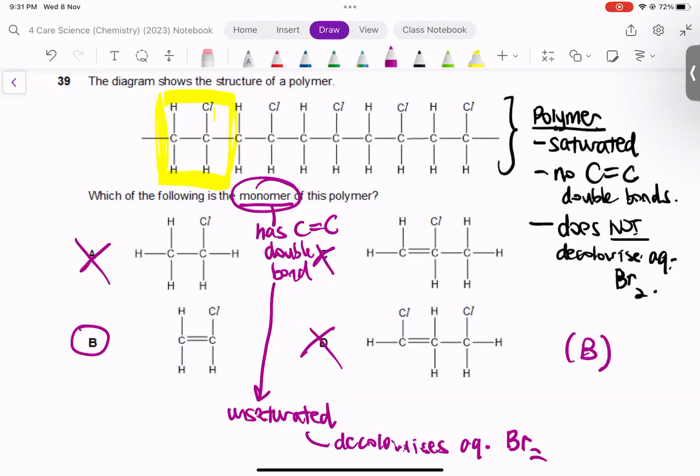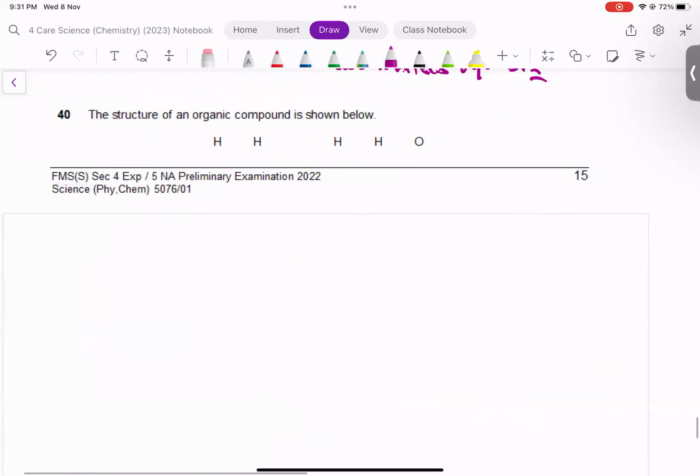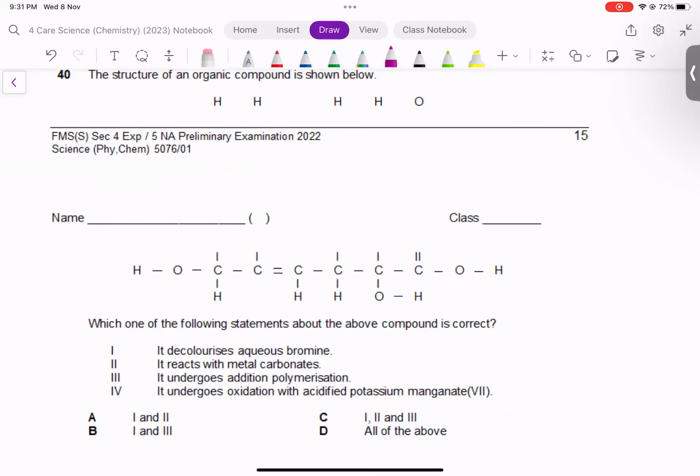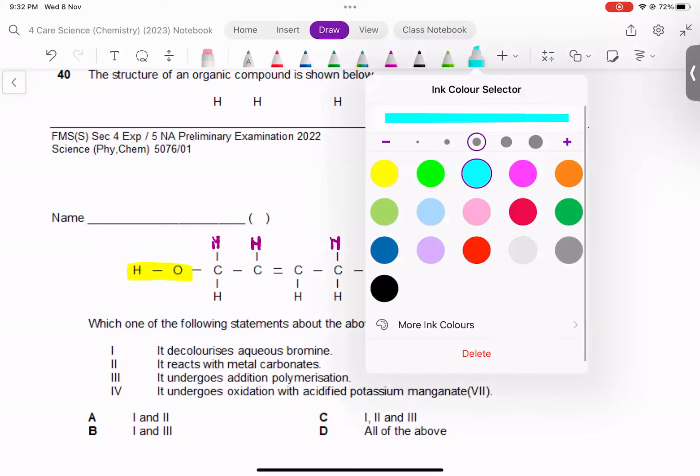I will just take about 4 minutes, I think. So question 40. Unfortunately, some of the alignment ran. Let me just draw the hydrogens in. All right. Now, the first thing you do when you receive an organic molecule like this, please highlight the functional groups or circle it, okay?